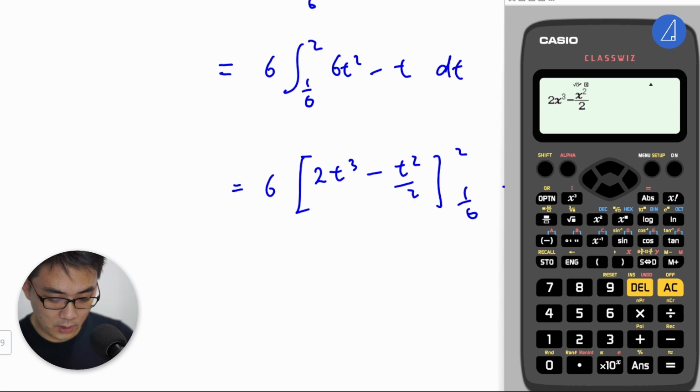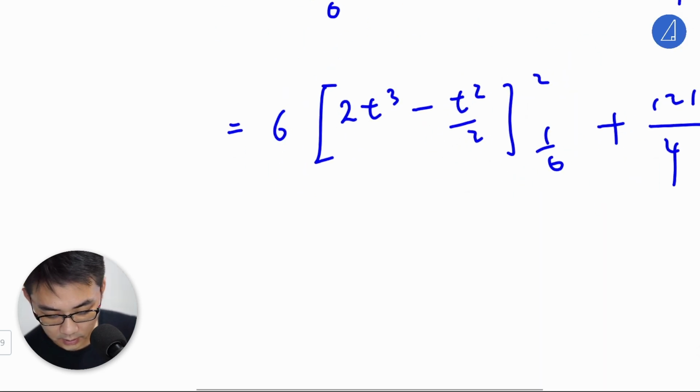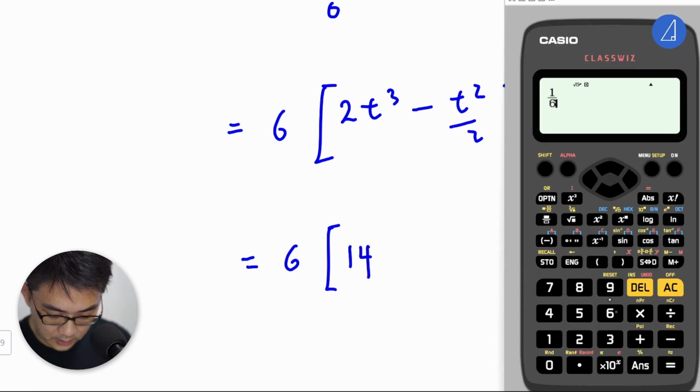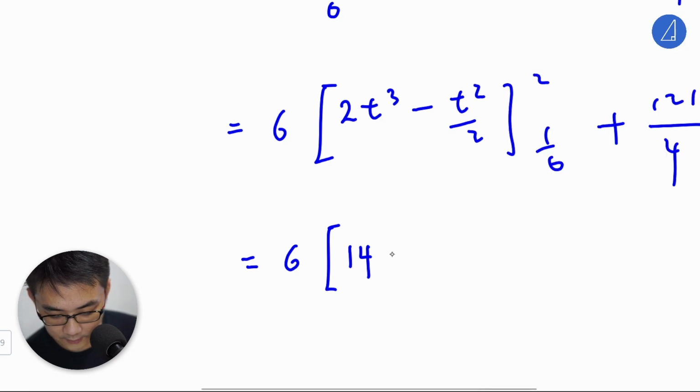Now I'm going to put the value of 2 in. So I just press 2, store x. Okay, that will be 2. Go up, and this will be 14. So this will be 6 times 14. The other is the 6 times x, and then this will be negative 216.